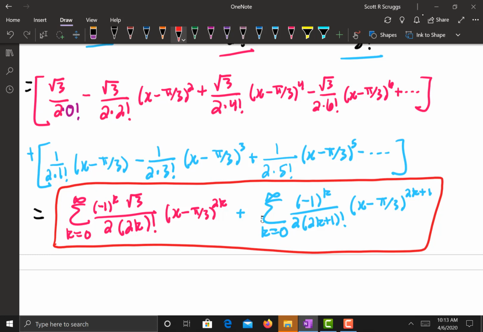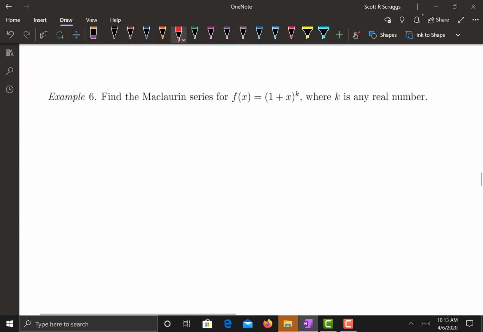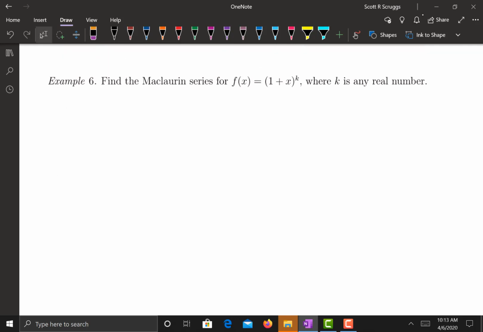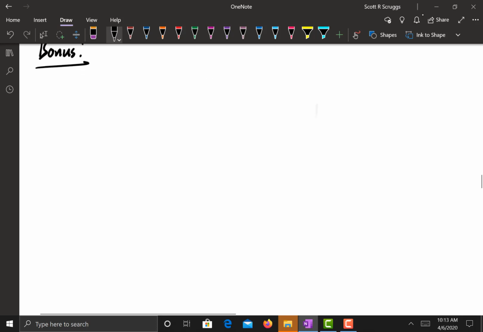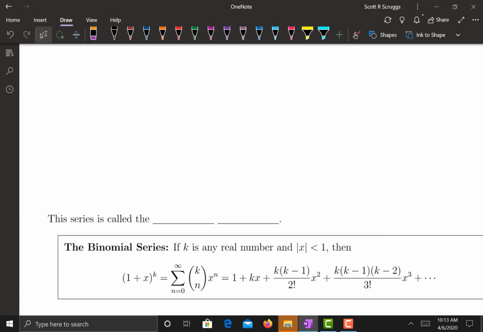Now, for the next example that I'm going to do, I'm actually going to leave this as a bonus problem. If you look at the bottom, you should know what the actual series will look like.